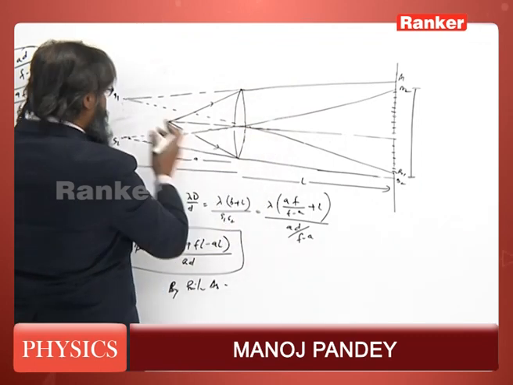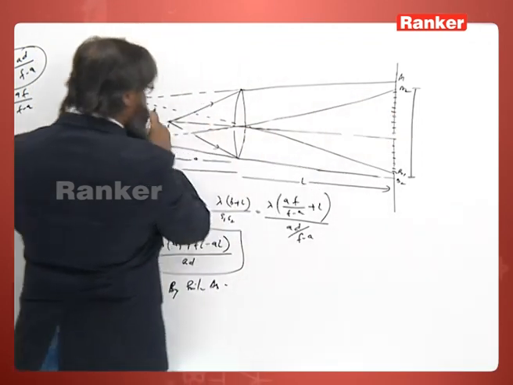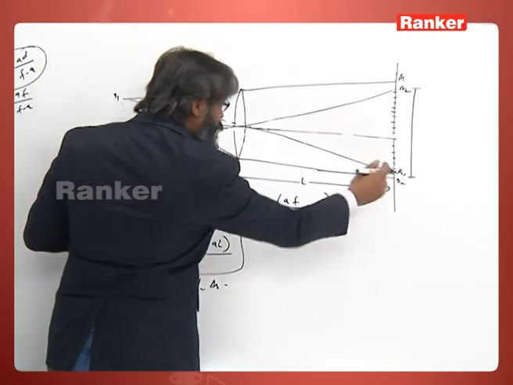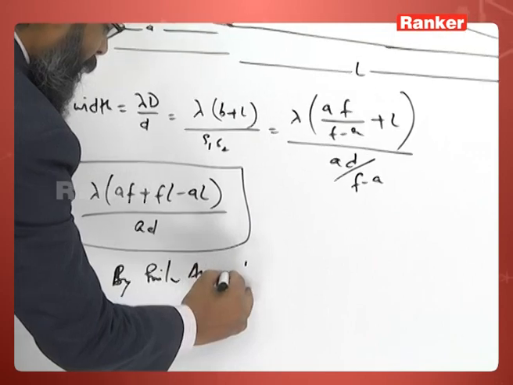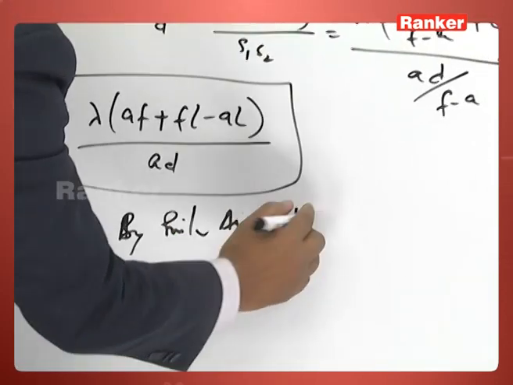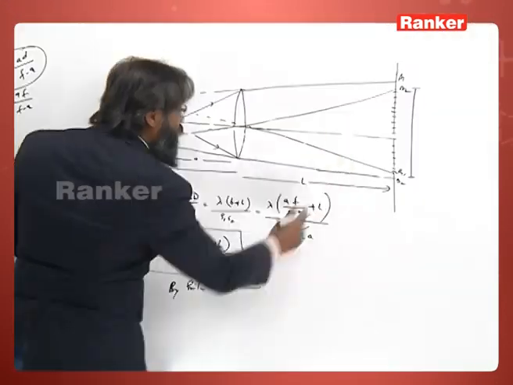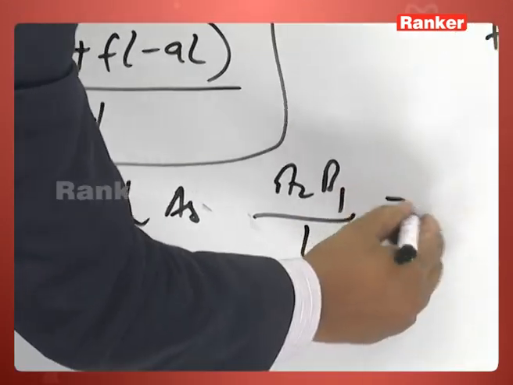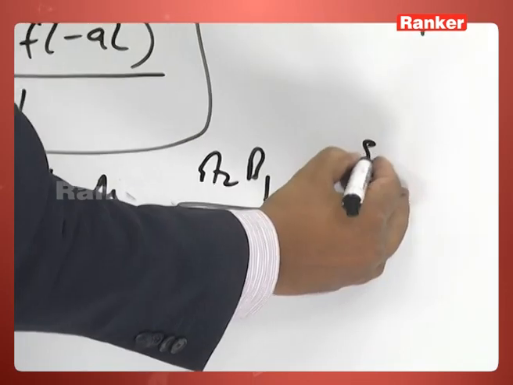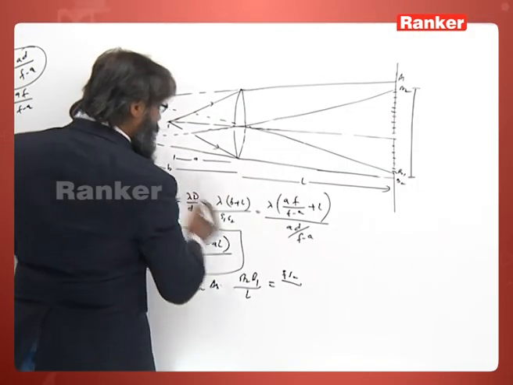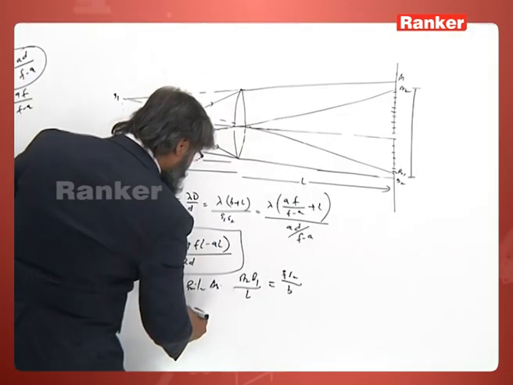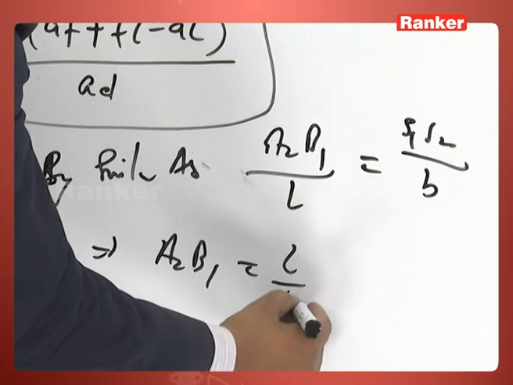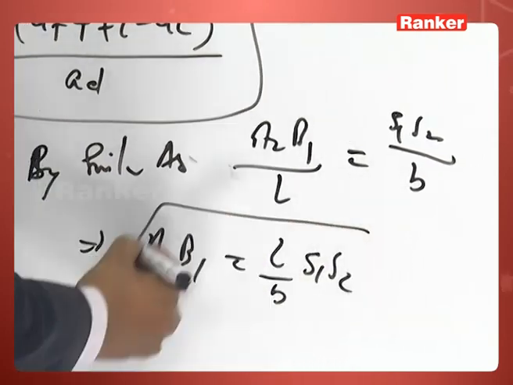This is opposite vertical angle, this is parallel to this. So these two triangles are equiangular. So A2B1 by L is equal to S1S2 by b, implies A2B1 is L by b into S1S2.